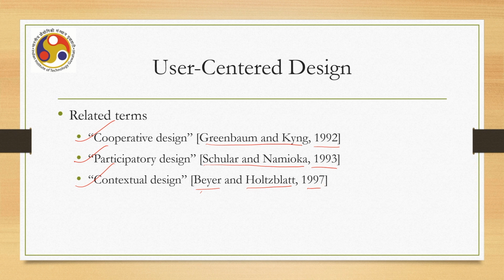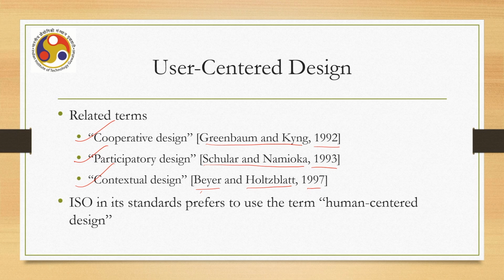So, these terms are more or less similar in concept as compared to the user centered design term. ISO also has its own standard term. So, it prefers to use the term human centered design rather than user centered design. All of these are referring to the same concept, that is, take users into the design process.